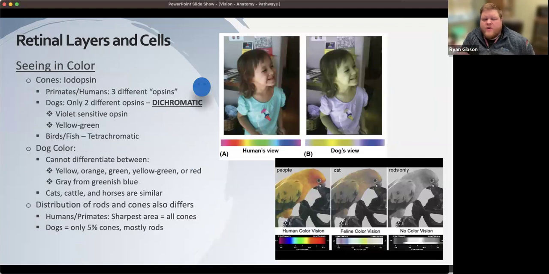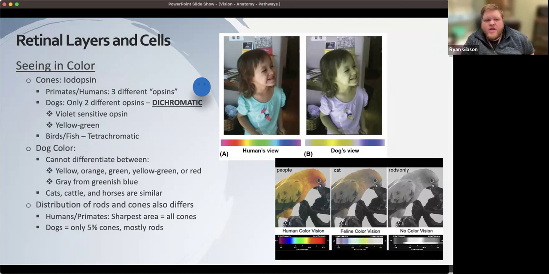So when we talk about seeing in color, we know that different animals see in different color variations. We have three different opsins. Dogs are dichromatic. They only have two different opsins, and that gives them a violet sensitivity and a yellow-green sensitivity.